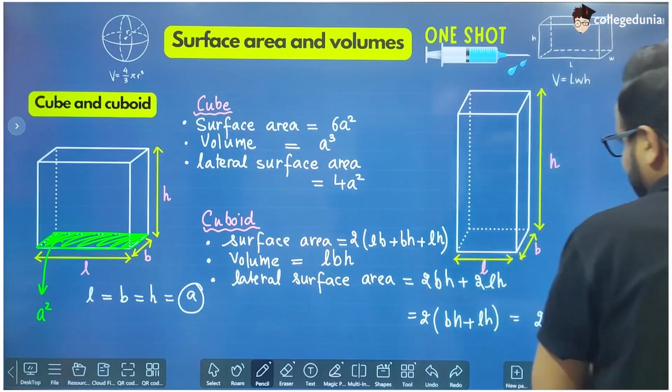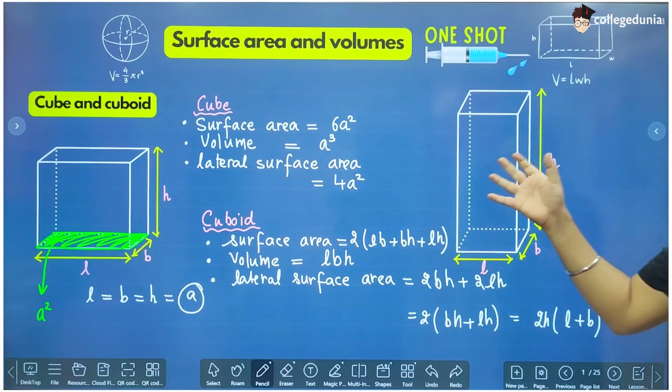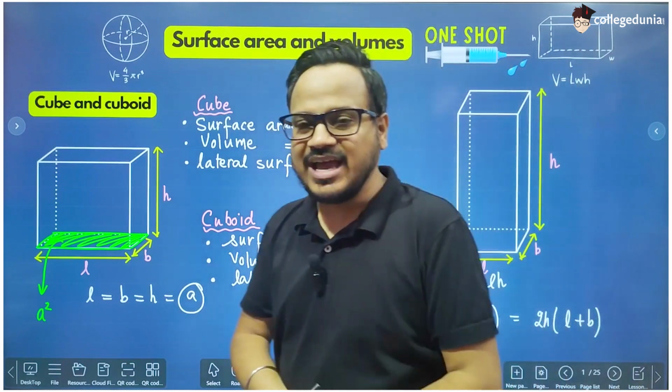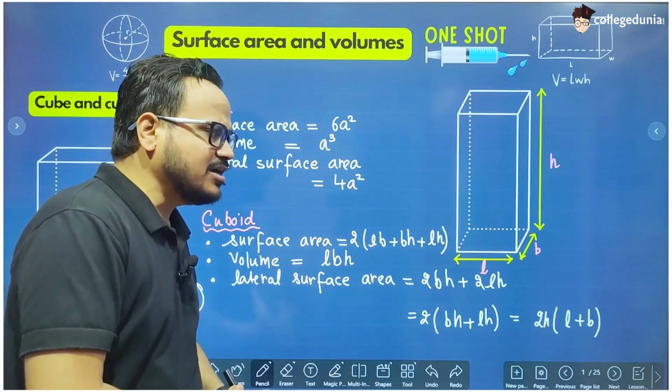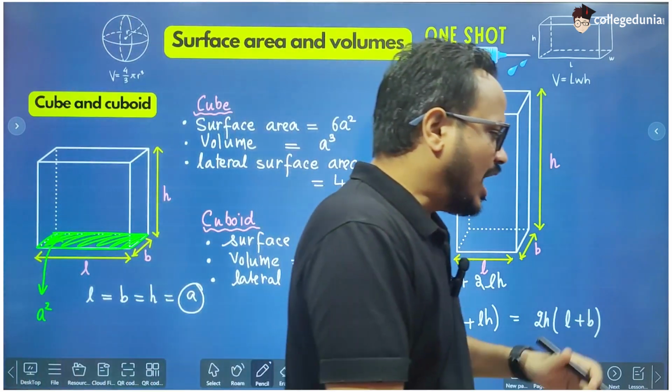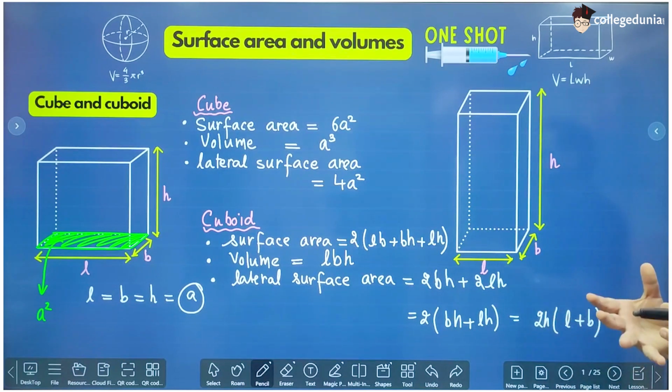Now area always comes in square units. If the sides are given in meter, then the area will be meter square, and if the sides are given in centimeter, then area is centimeter square, and if the sides are given in millimeter, then area is millimeter square, and so on.